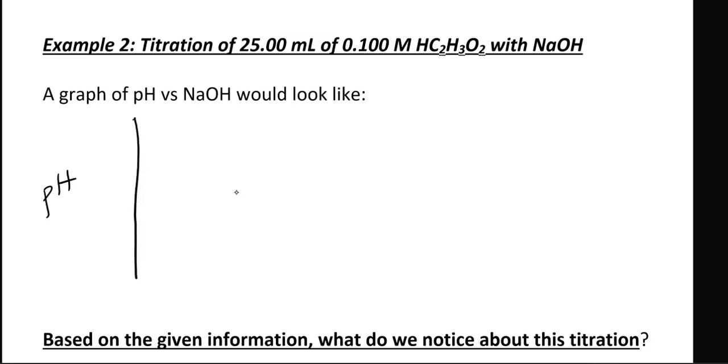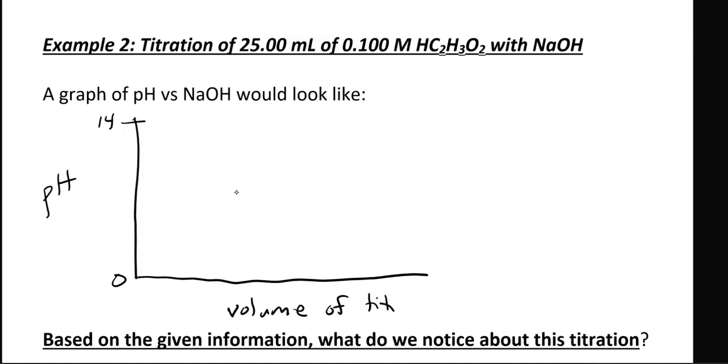And you know that the pH scale goes from 0 all the way up to 14. And then on the x-axis, let's label that as the volume of the titrant that you're going to add during the titration. And specifically, our titrant that we're going to add in this titration would be sodium hydroxide.